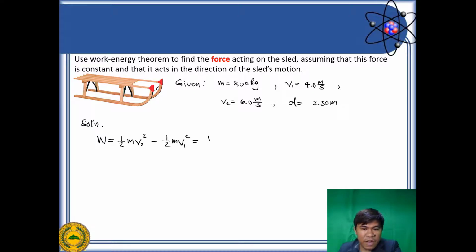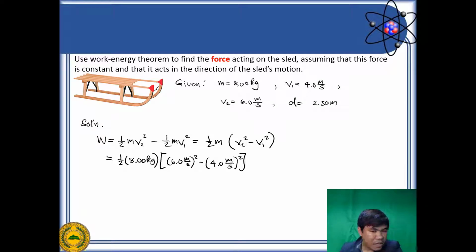We can factor out 1/2 m, and we have v2 squared minus v1 squared. So we can plug in the corresponding values of the mass as well as the speeds: v2 is equal to 6 meters per second squared, and v1 is equal to 4 meters per second squared.